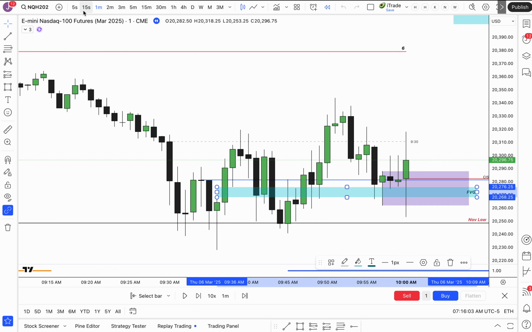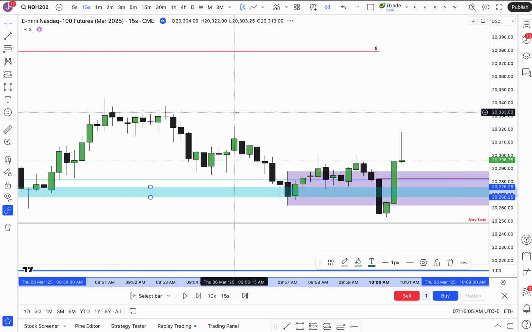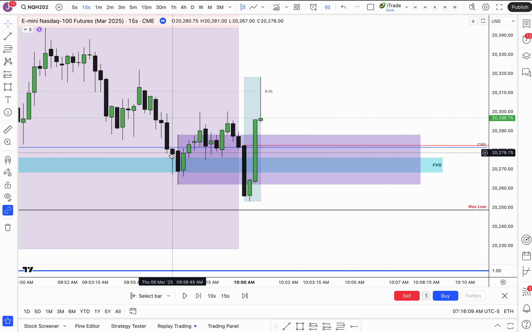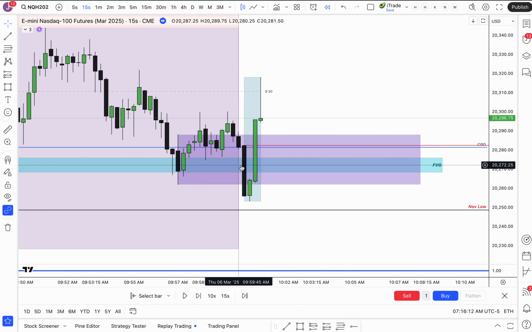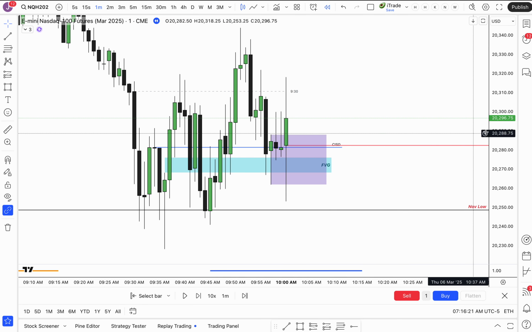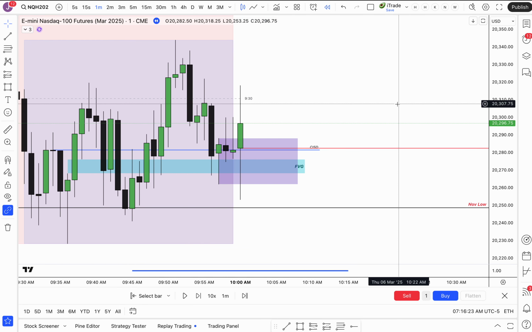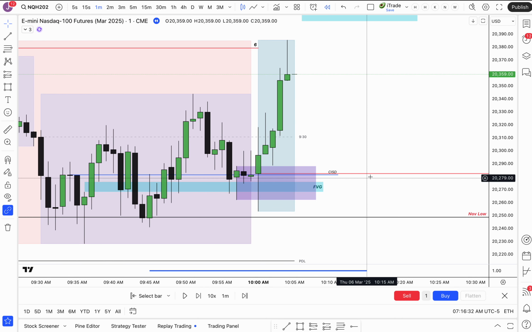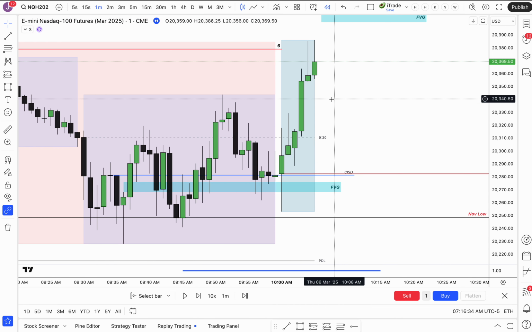So if you zoom in here to the 15-second, you can see the model clearly. Okay, we have the sweep of the low, and we close above CSD. It's a way you can see it without having to zoom in. And so this up close candle here becomes support of price, and then we should go.